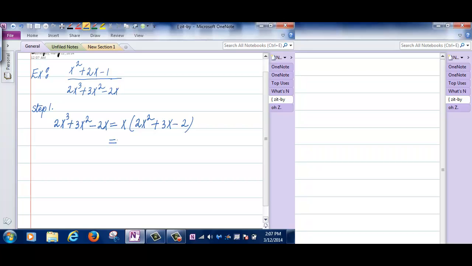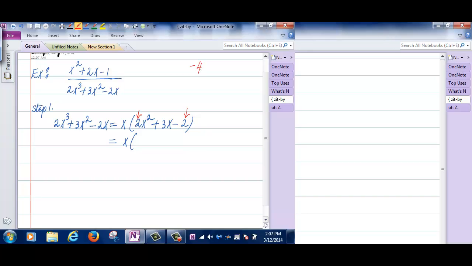to FOIL. Those of you who don't remember how to FOIL, note that the coefficient of x squared is 2, the constant term is negative 2. If I multiply them, I get negative 4.